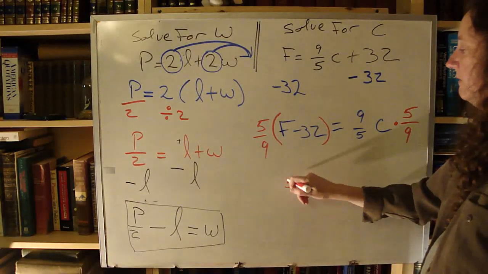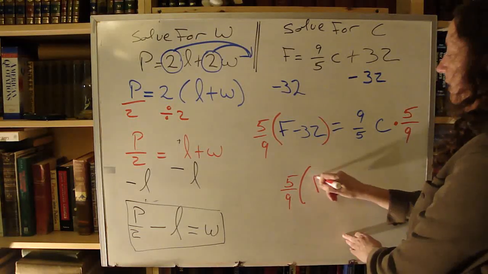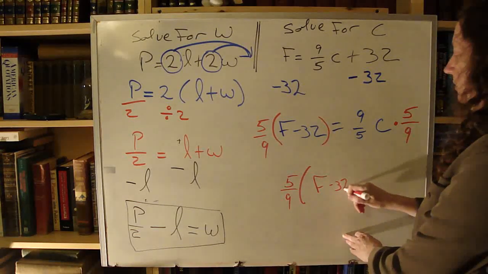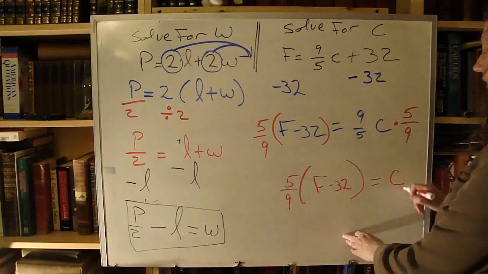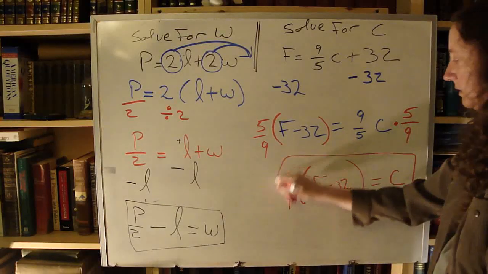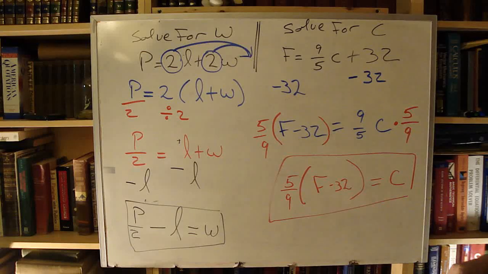So now I have 5/9 open parentheses F minus 32 close parentheses equals C. And that answer is done.